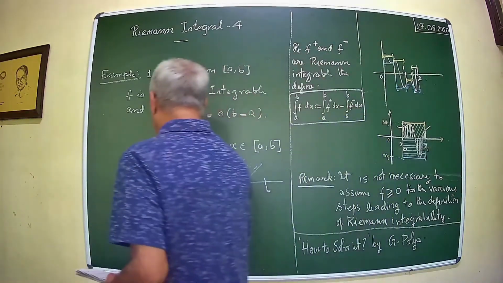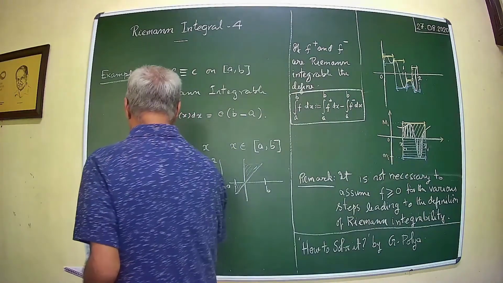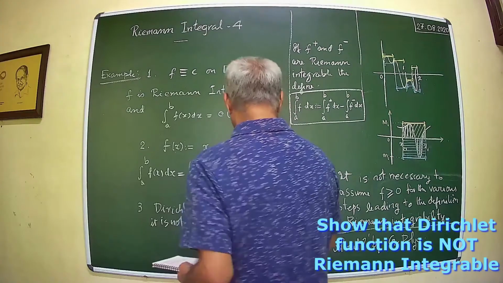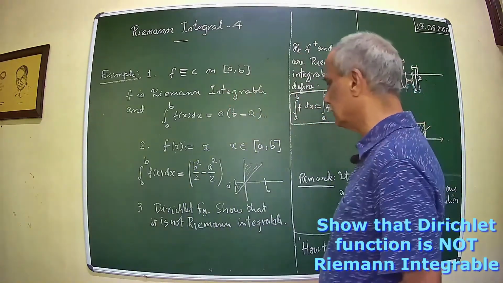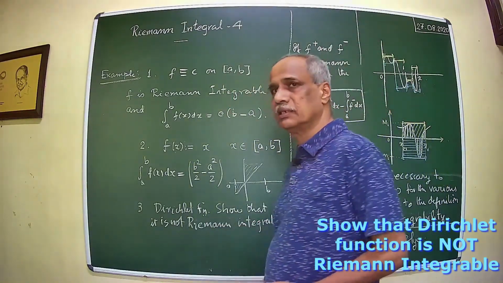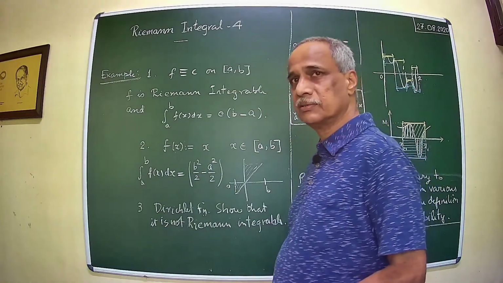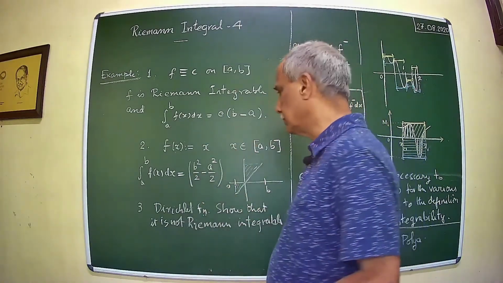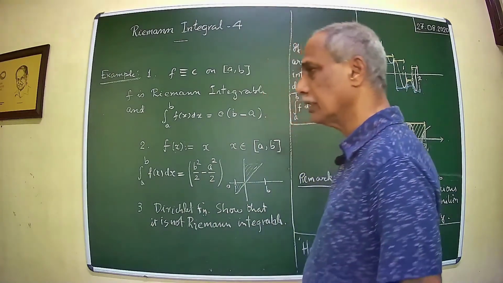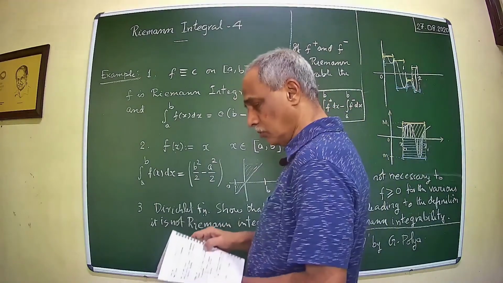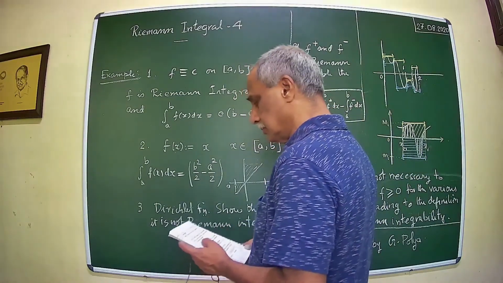And then of course the third example is, once again I recall the Dirichlet function. Now you see the function is bounded. It's a bounded, non-negative function, so all the exercises can be looked at, and you will see that the lower integral is different from the upper integral.